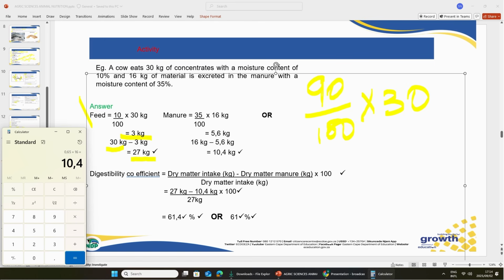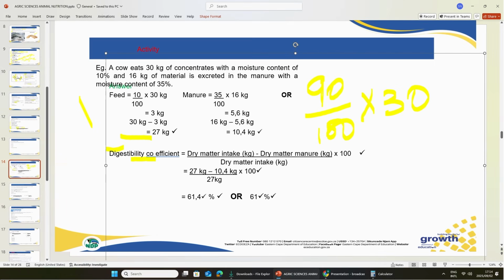You get straight to the dry matter. So that is a mark. And then we substitute that. We do the substitution: dry matter intake minus dry matter manure, divided by dry matter intake, times 100.